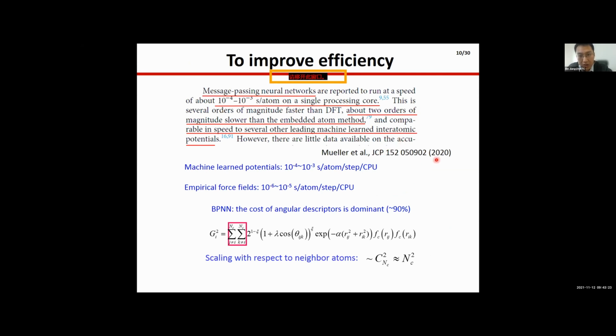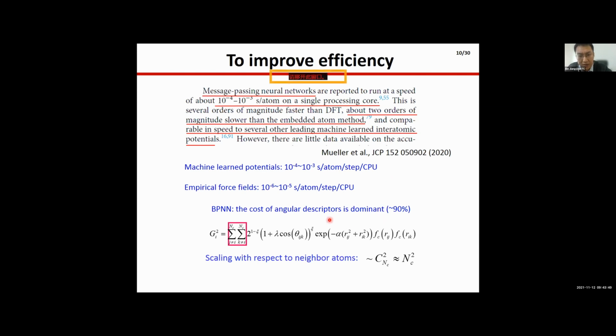And here is a review in 2020 talking about the speed of machine learned potentials. They are on the order of 10 to the -4 to 10 to the -3 seconds per atom per MD step per CPU core, which is about 2 orders of magnitude slower than empirical force fields.